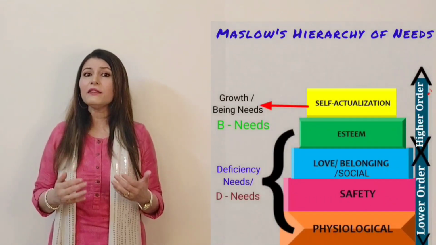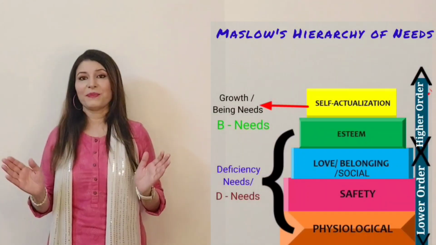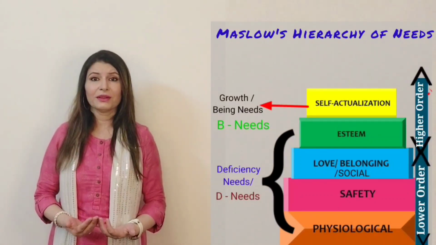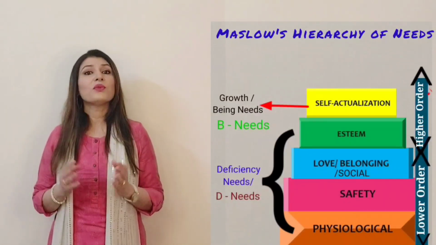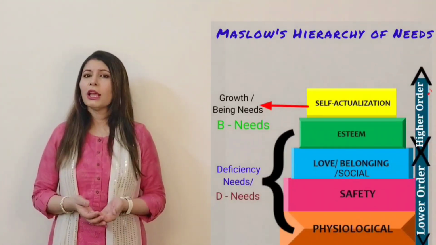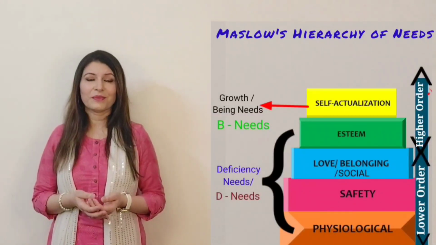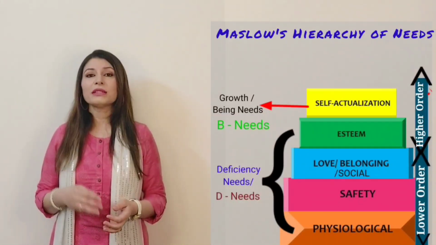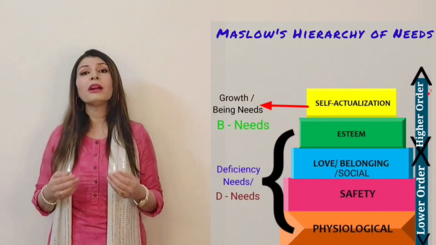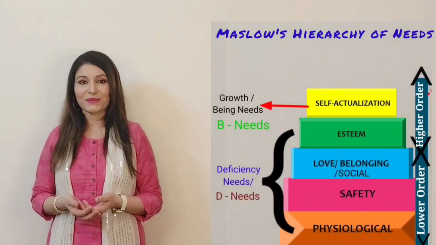Similarly, when we achieve something at this level, we want to make it even better and we want to know who am I, why I am here. People do many things to find out who they are and what they actually want to be. Even 2% of people cannot achieve this highest level. We can say that Albert Einstein, Abraham Lincoln and Mahatma Gandhi were among those rare people who achieved self-actualization.